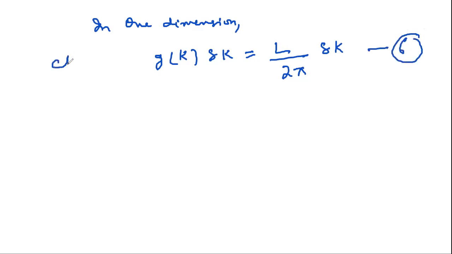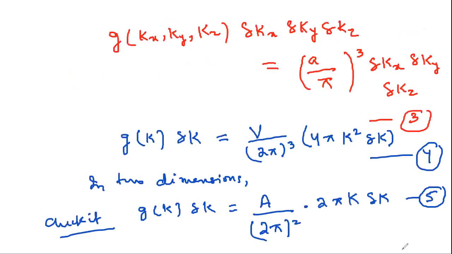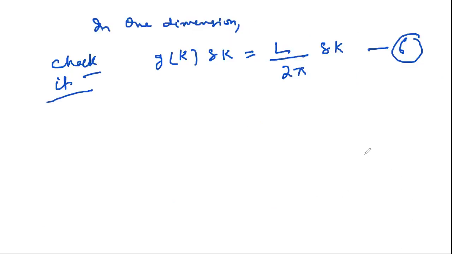You have to check this also. What is L? L is the length in which the particle is confined. So this is 5 and this equation is 6. L by 2 pi delta K. It's okay.